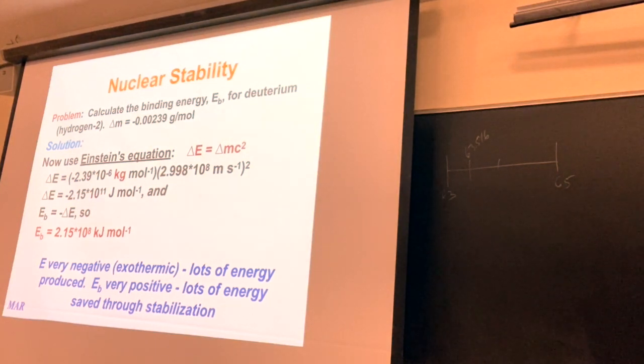There is an energy X that's being released upon making deuterium from protons and neutrons. And all atoms, if they're made, are going to have an exothermic value. This is justifying why atoms form at all. Like why they don't just stay as individual protons, neutrons, and electrons. You actually get a lot of energy out, and the opposite of that is the binding energy.